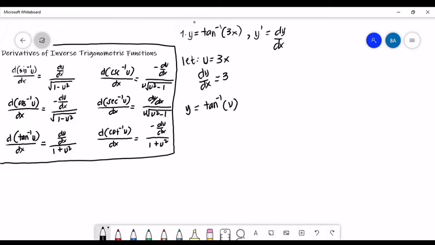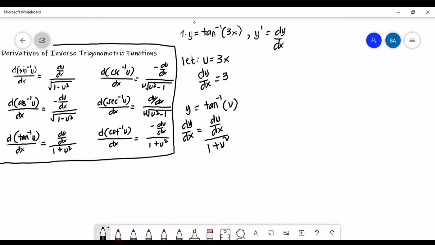Okay, and then we know that if we derive this with respect to x, we use our formula number 3. So we could say that the derivative of y with respect to x, or the derivative of arctangent u, is equal to du/dx over 1 plus u squared.